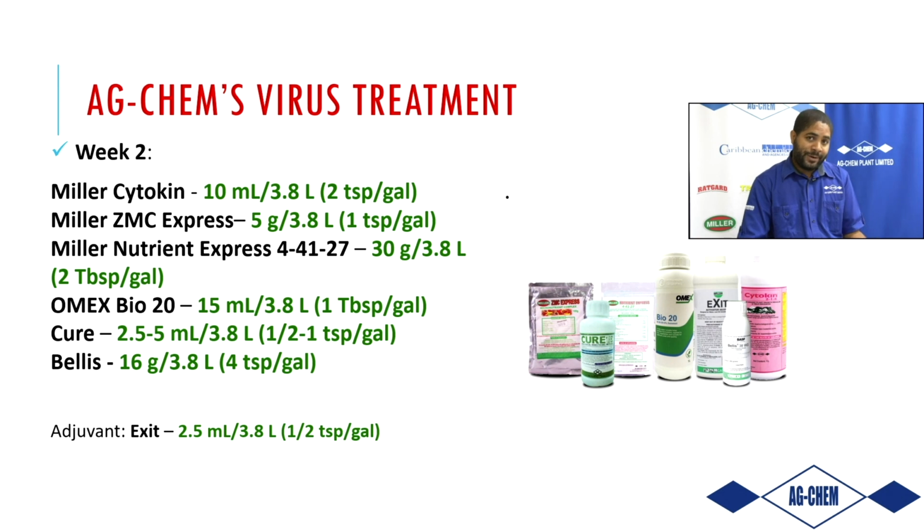So we ran Microplex the last treatment, ZMC Express this treatment, which is also another important part of our viral control strategy. Once again with our Nutrient Express, our Bio 20, and this time we also used Cure as our insecticide to help control the pest populations, and then once again the Bellis at the Excellence rate.